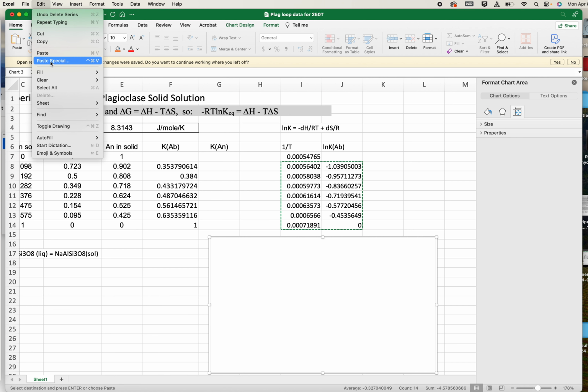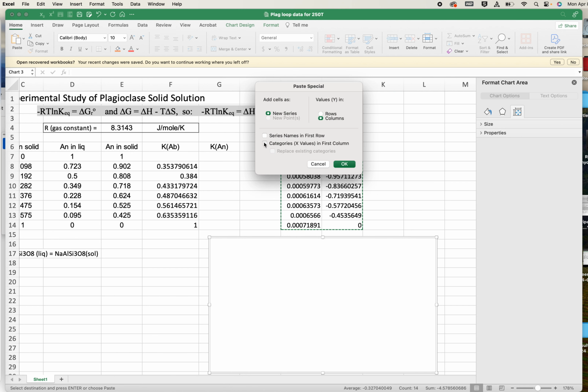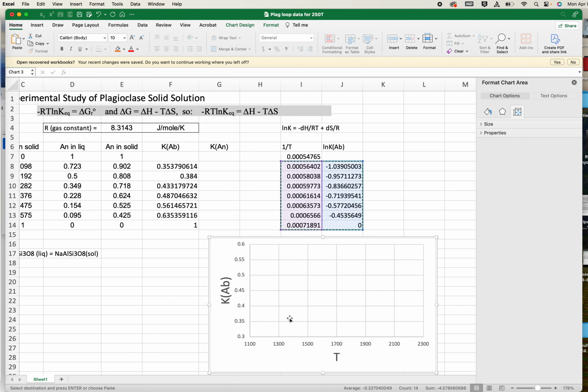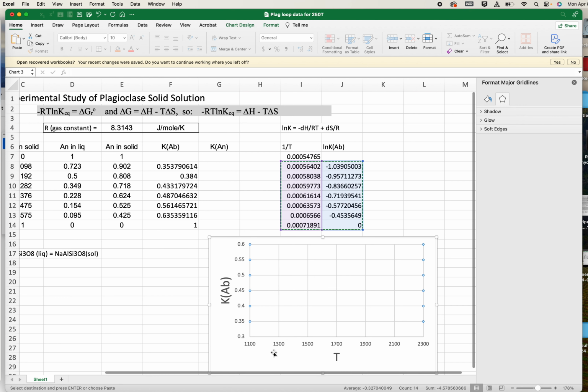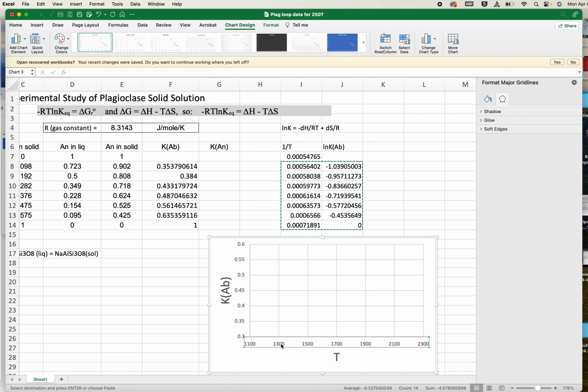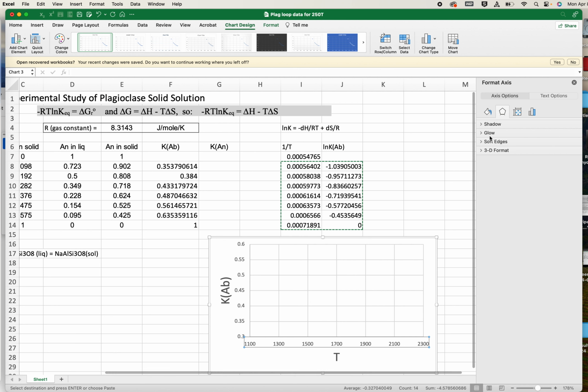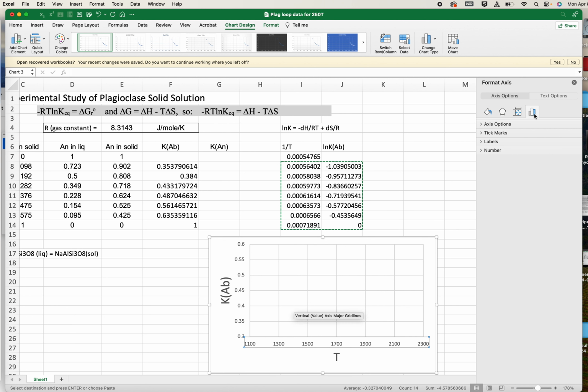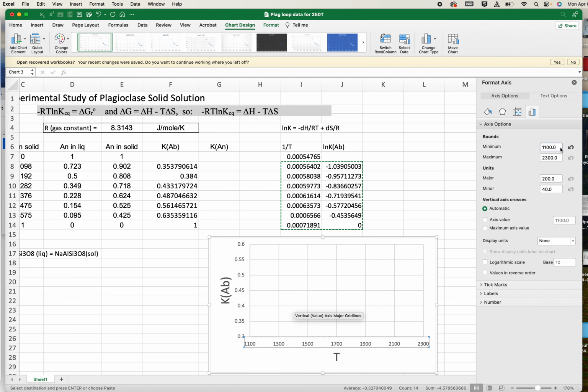And we'll go to Edit, Paste Special, Values. And I need to change the axes here. And I'm going to have to change the way I have formatted them.